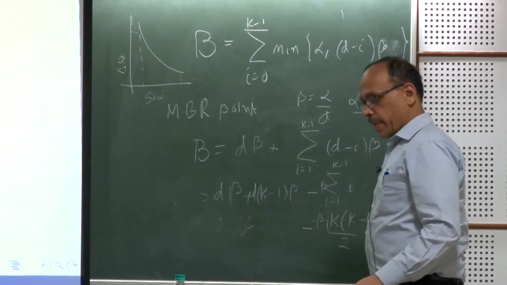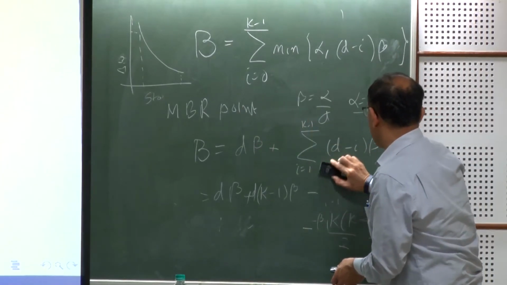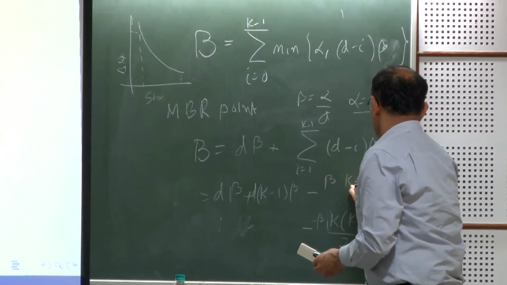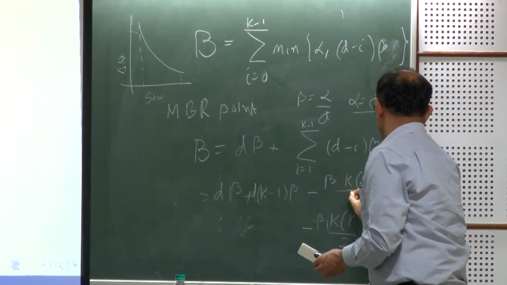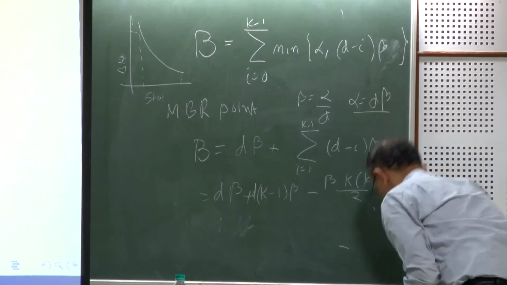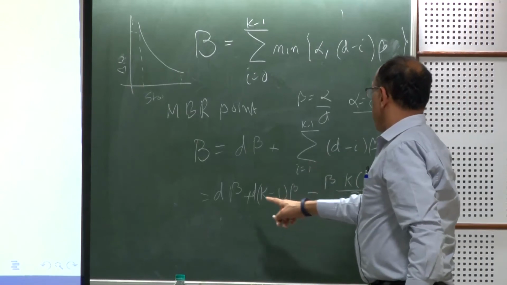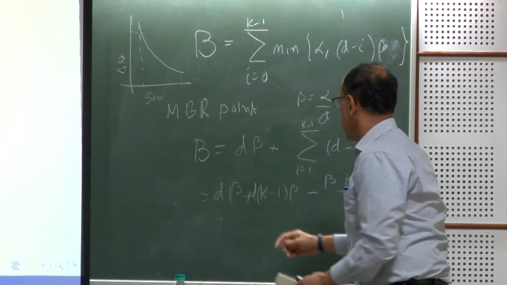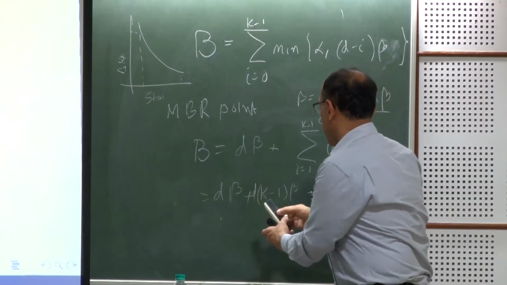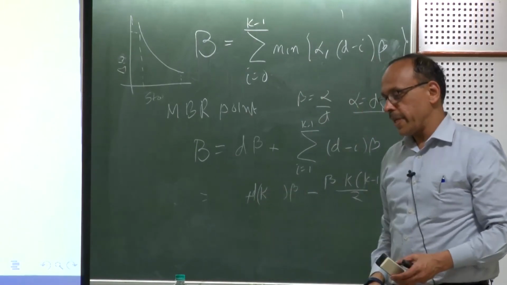Remember, this one I'll have to write down here itself, which is the same as beta times k times k minus 1 divided by 2, that's equal to b. I copy down here. Now this I simplify as d beta times k, I can take out this k, and remember it's just d k beta.